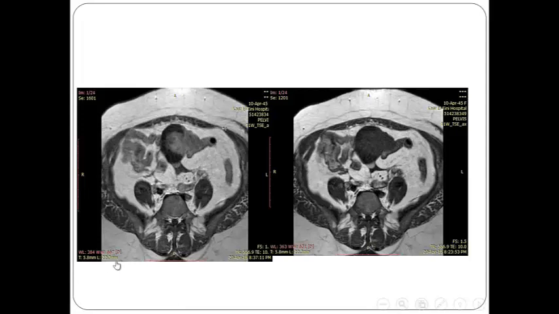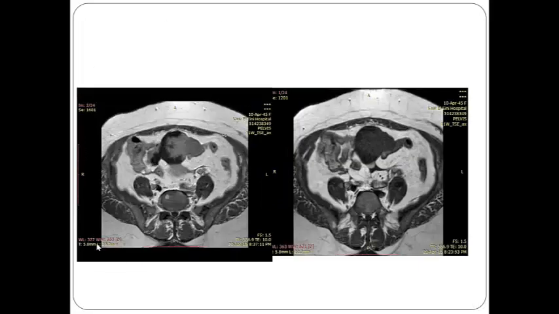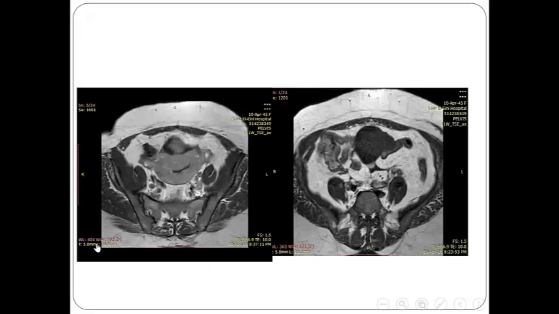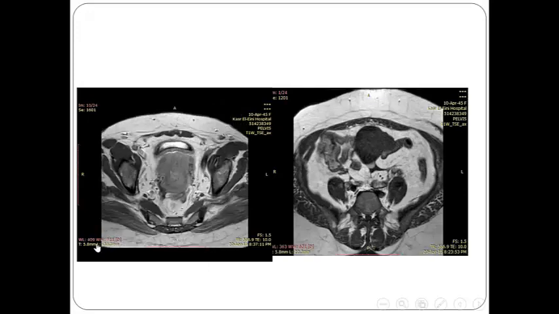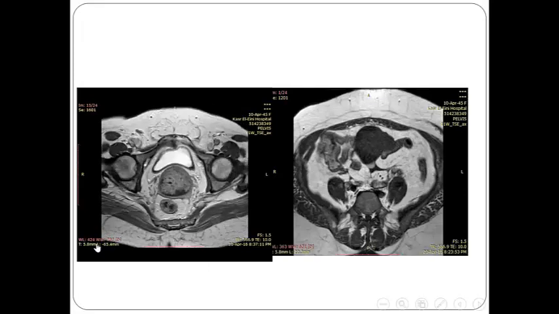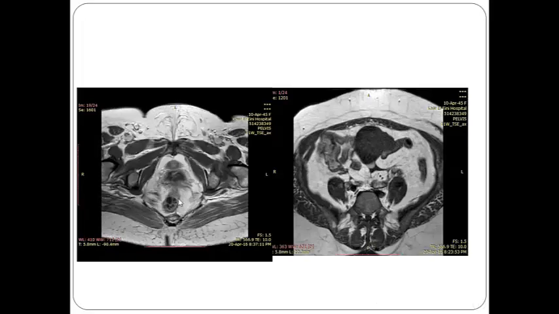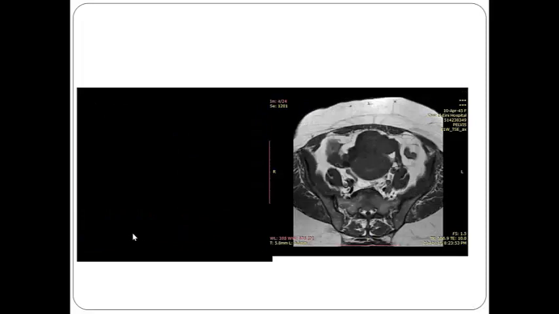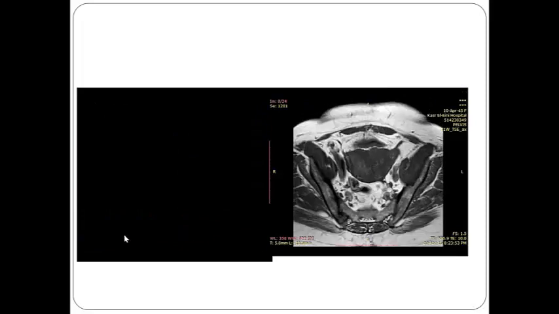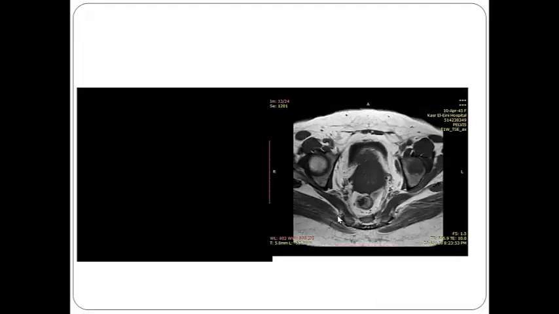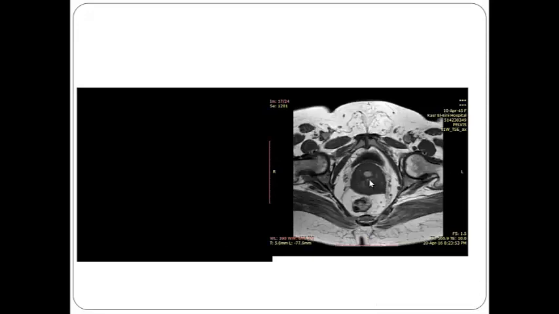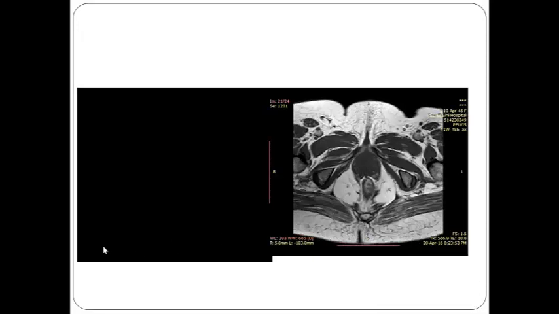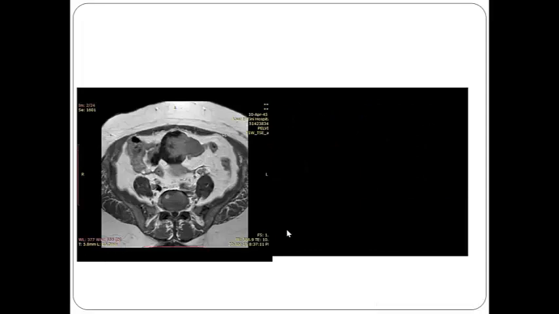This is the axial. This is the polyp. It shows areas of hemorrhage within, bright on T1.